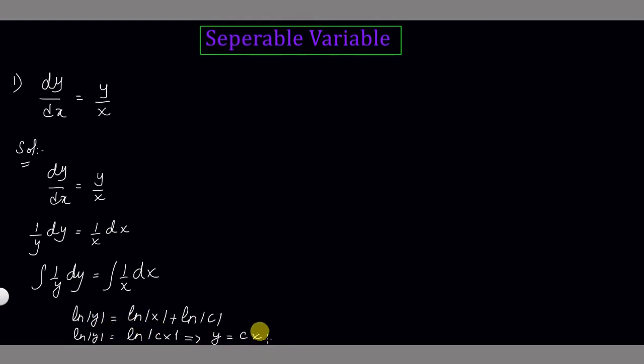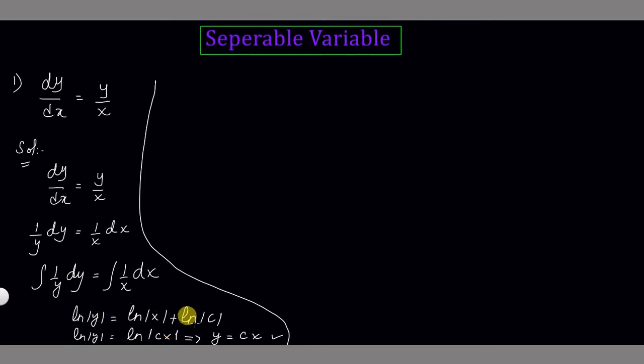And actually this is one answer, but if someone wants to use only c instead of natural log of c, then okay, the answer will be quite simple, but the answer will not be the same. So this is one question.